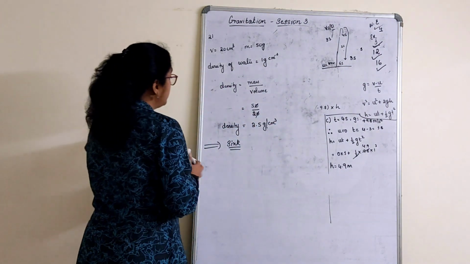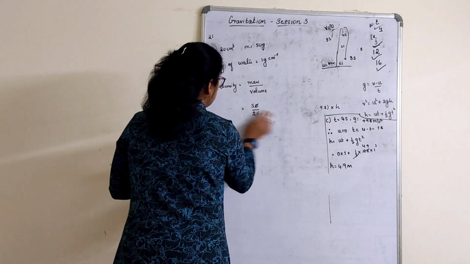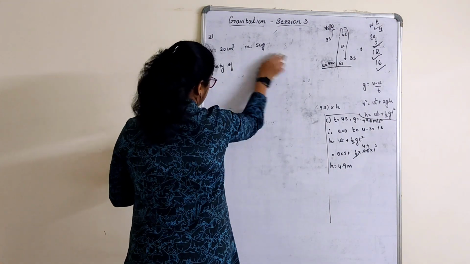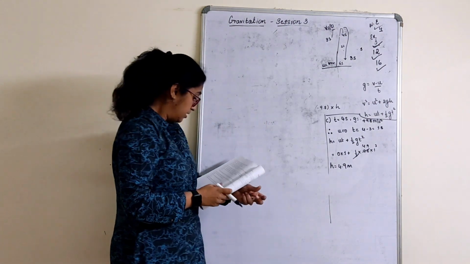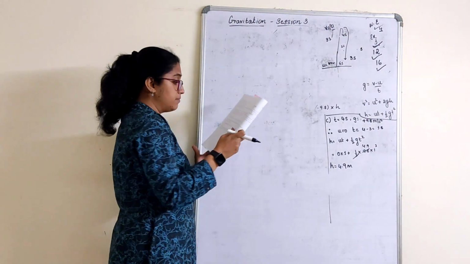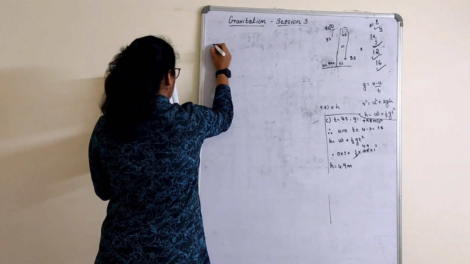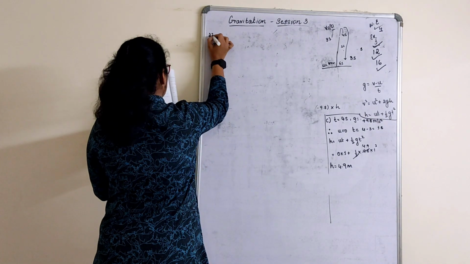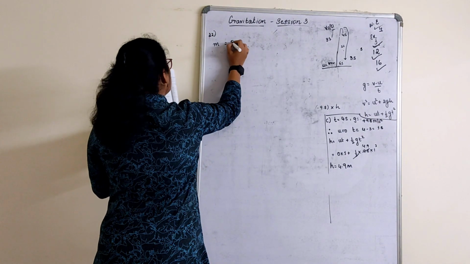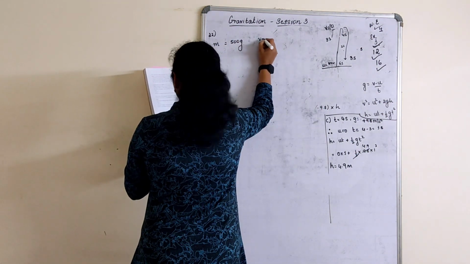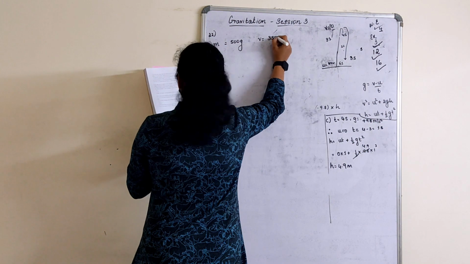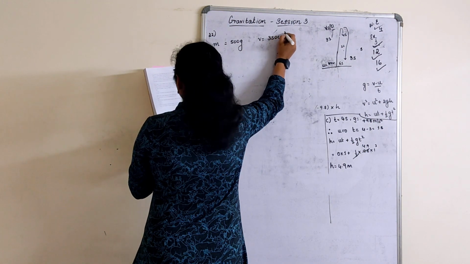Okay? And the last sum, with that we complete gravitation chapter. The volume of 500 gram sealed packet is 350 centimeter cube.